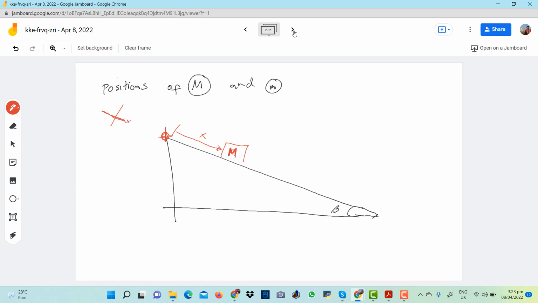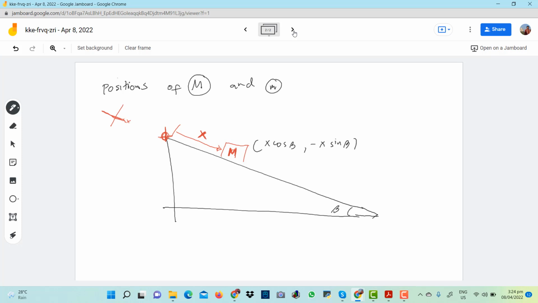If this is position x, this is my vector x, for example, big letter X. It actually has two coordinates. The position of this M is x cosine of beta and then minus x sine of beta.